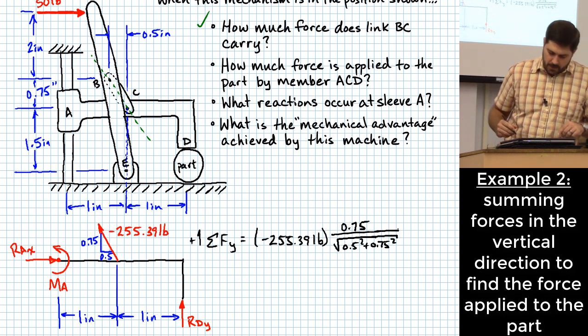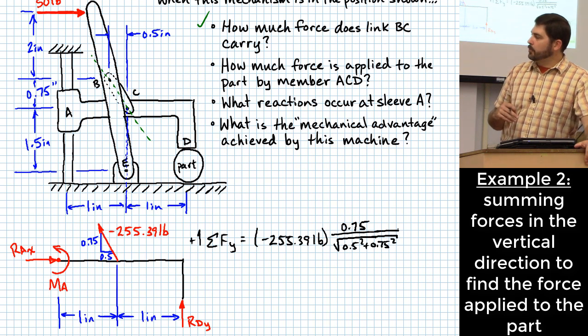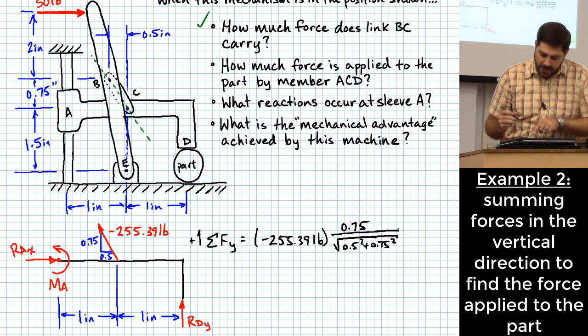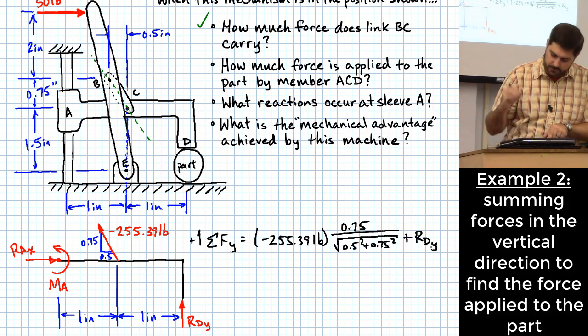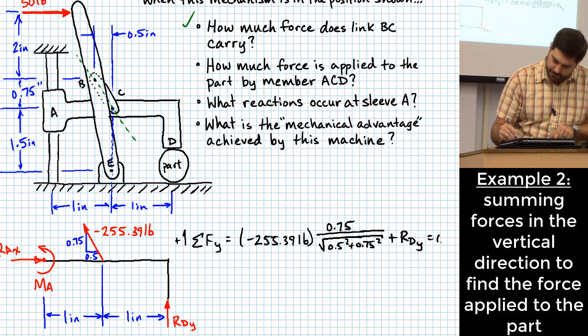Okay. So after we figure out that force, the vertical component of force in link BC, what other forces do I have in the vertical direction? RDY. Anything else? Well, that's it.